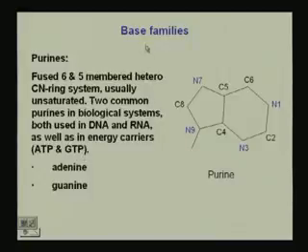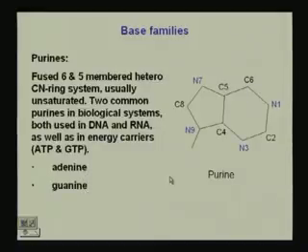So, what are these base families? We have the nitrogenous bases, purines. What are these purines? They are fused 6 and 5 membered rings, a hetero carbon nitrogen ring system, and the 2 commonly used ones in DNA and RNA are adenine and guanine.